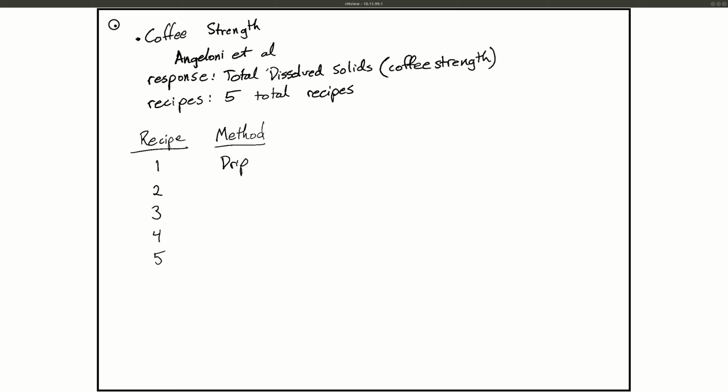Drip brewing is where you basically have a bed of grounds, so maybe like a funnel here, and you've got a bunch of coffee grounds all through here. And the idea is that the coffee drips down into your cup. So that's a drip method.